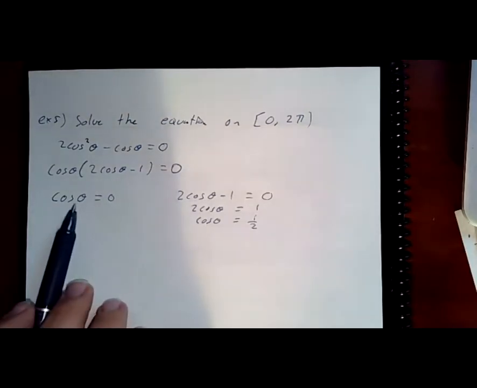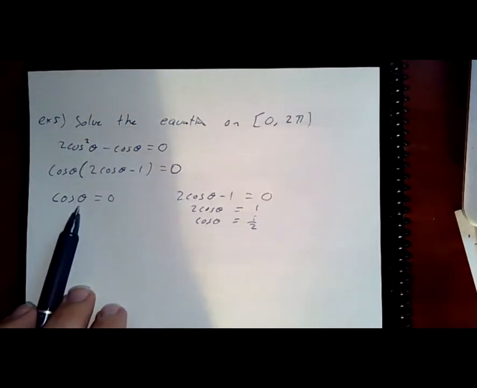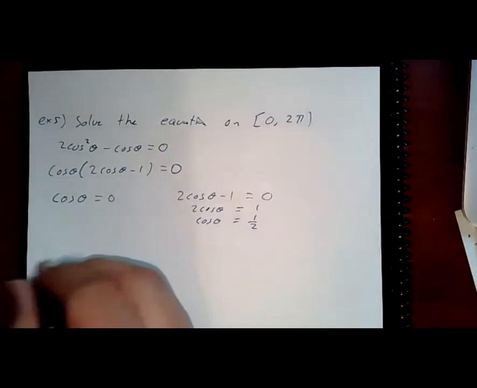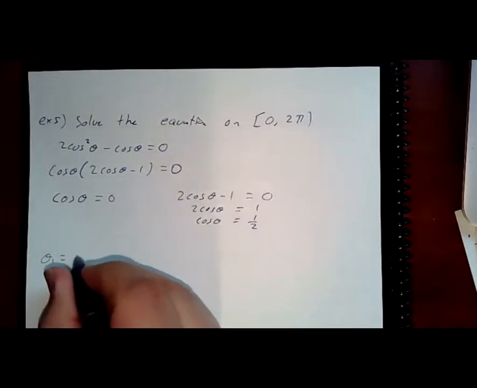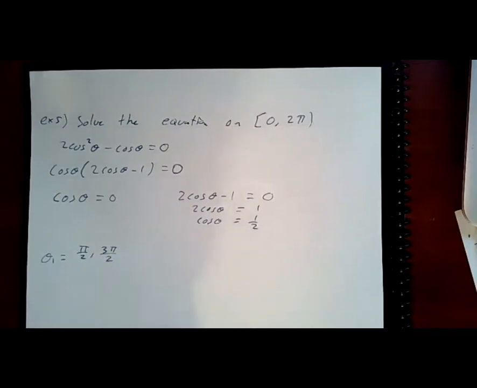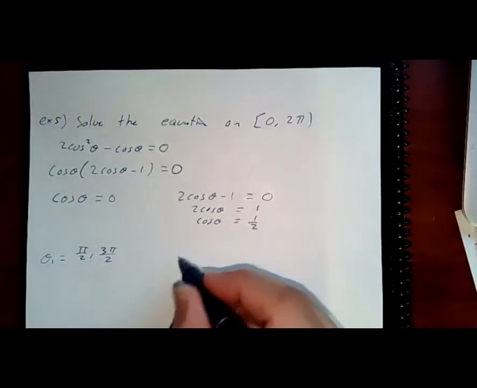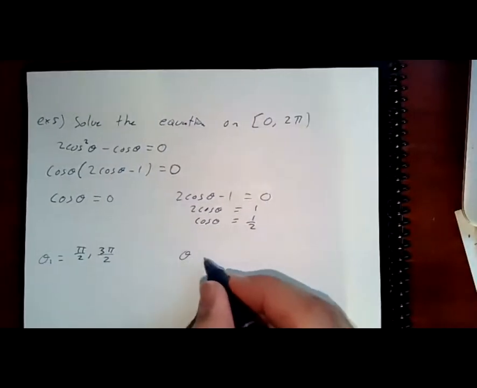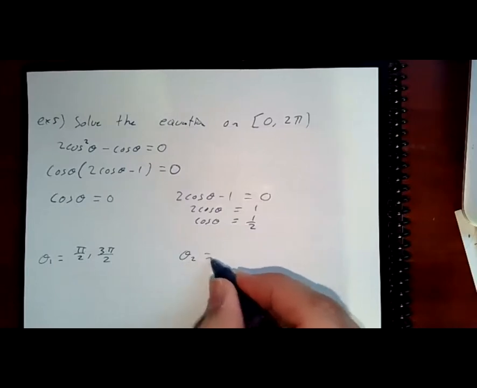So where is cosine equal to 0? 3 pi over 2, yeah, and where else? Pi over 2. There's 2 of them, right? So we have theta equal to pi over 2 and 3 pi over 2. And where is cosine equal to 1/2?